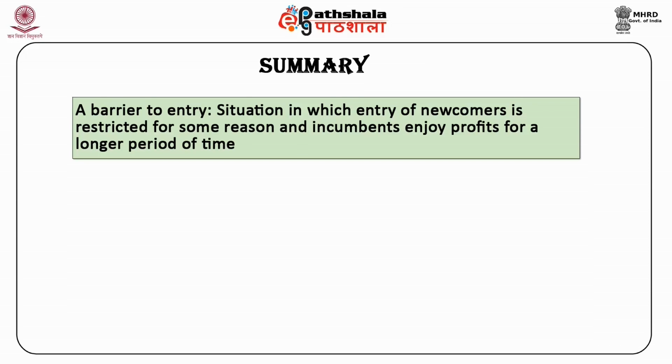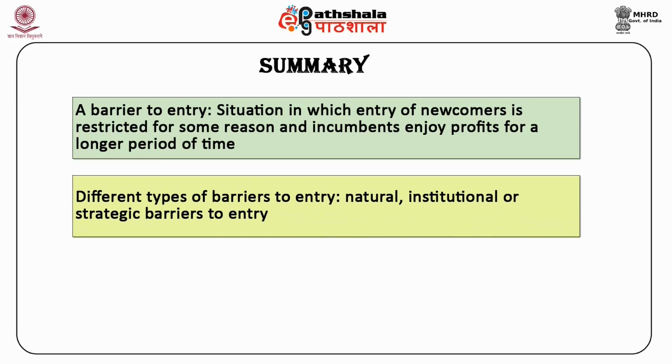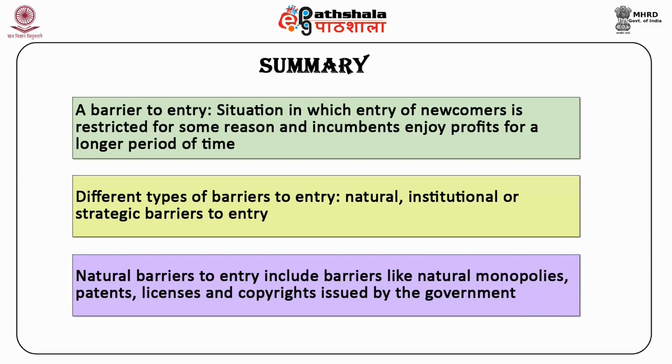We have also learned that there may be different types of barriers to entry, like natural, institutional, or strategic barriers to entry. We also learned natural barriers to entry include barriers like natural monopolies, patents, licenses, and copyrights issued by the government.